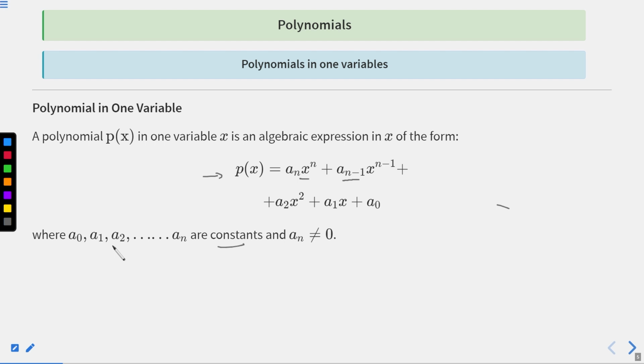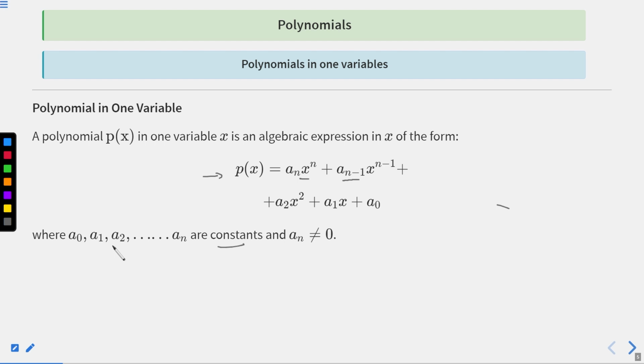In that case we can say this expression p of x equals an x to the power n plus an minus 1 x to the power n minus 1 plus dot dot dot plus a2 x square plus a1 x plus a naught is called a polynomial in one variable x.